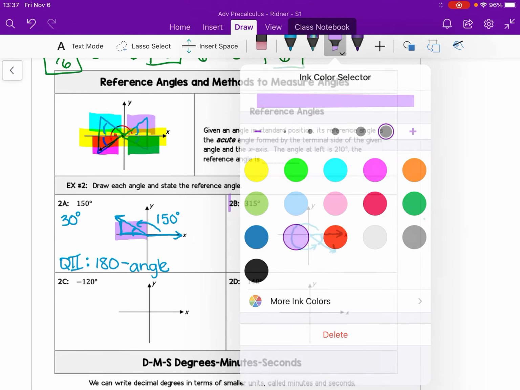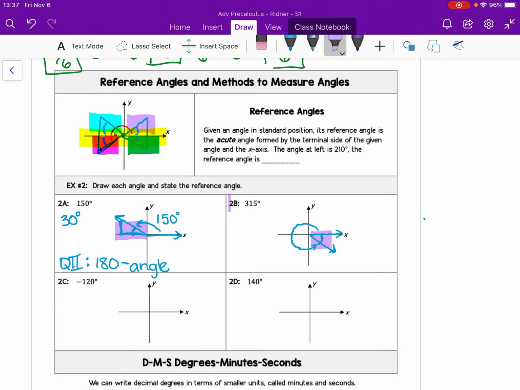So hopefully you remember acute is less than 90, so we need the acute angle with the x-axis. Again, we can use some logical reasoning. 315 degrees. I know that all the way around would be 360 degrees. So that must mean that this angle is 45 degrees.